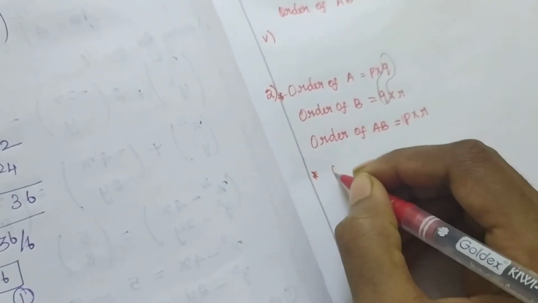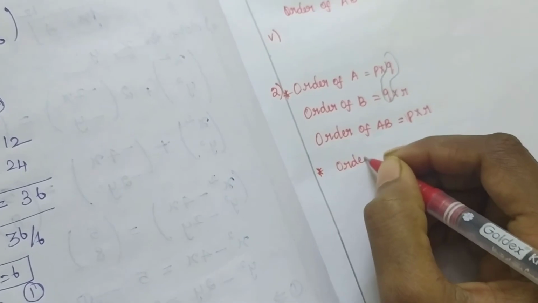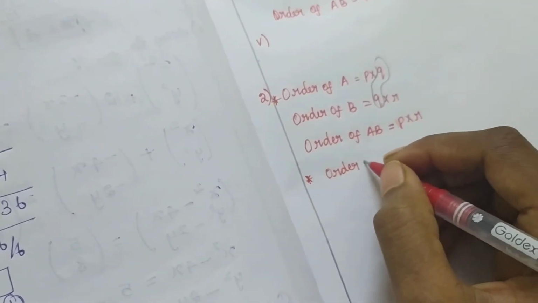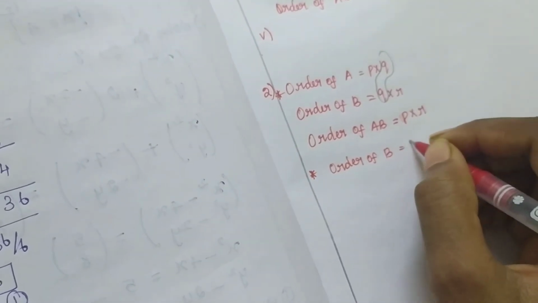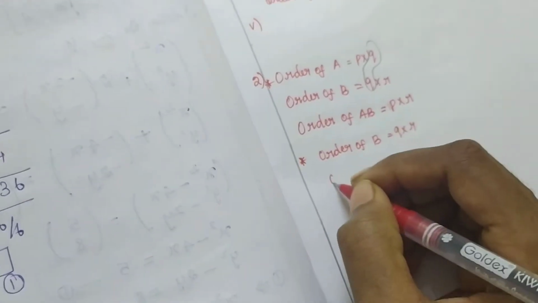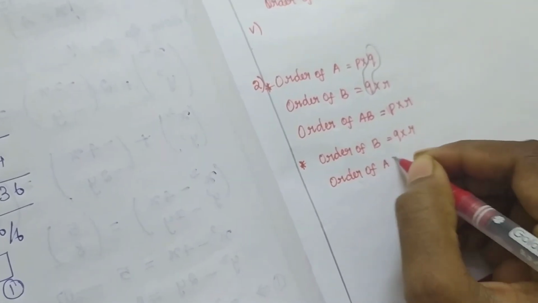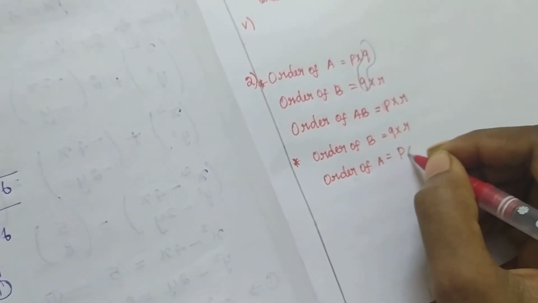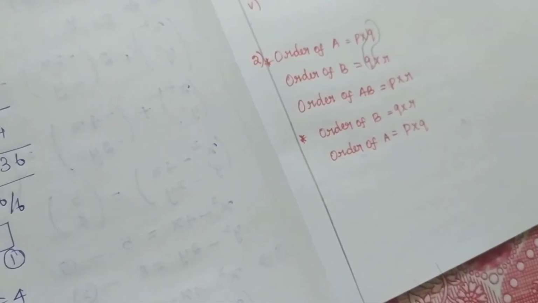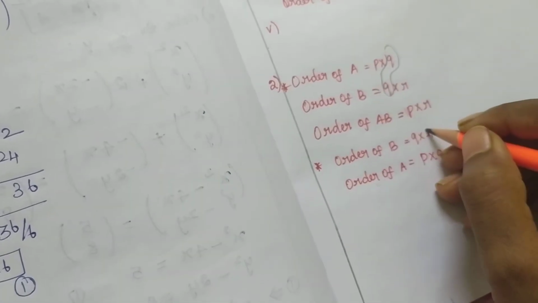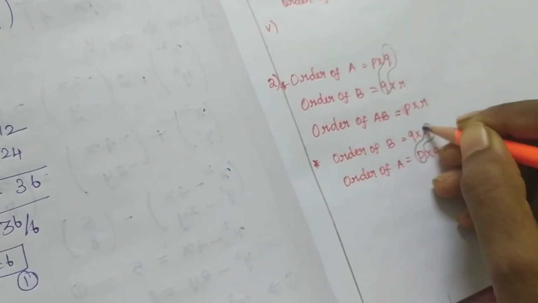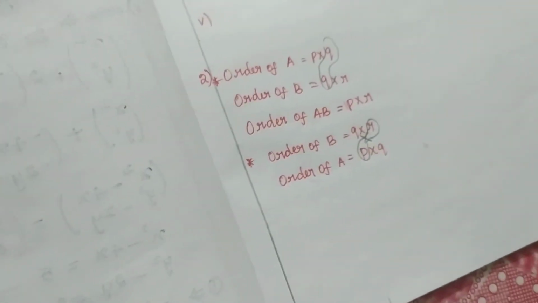Another thing, this is for the first. Then the second, order of BA I need. So order of B is the same, Q cross R. Order of A is equal to P cross Q. But this is not equal, right?